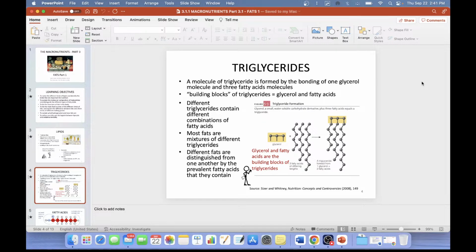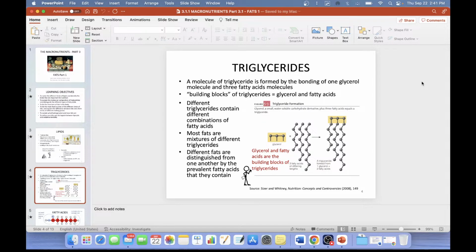How do we distinguish different kinds of fats? We distinguish them from the biochemical point of view, according to the sort of reductionist paradigm of modern nutrition science, by the prevalent kind of fatty acid that they contain.